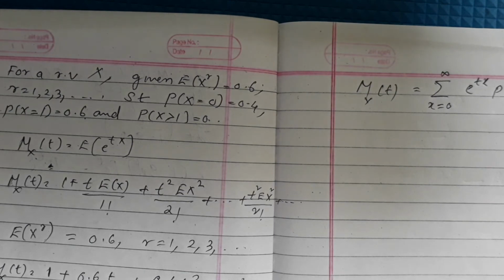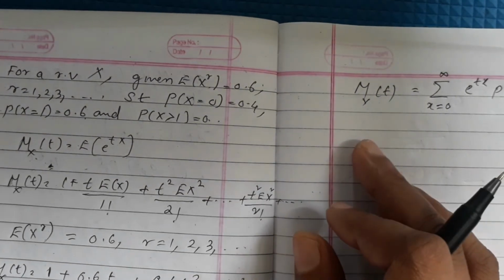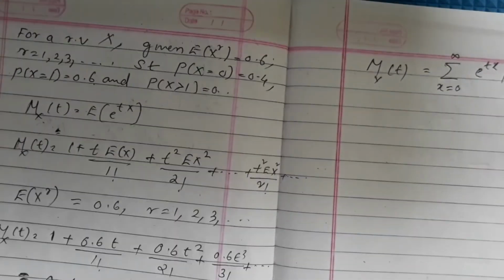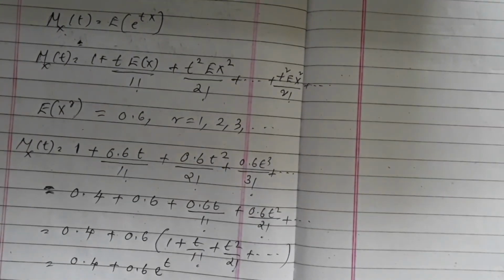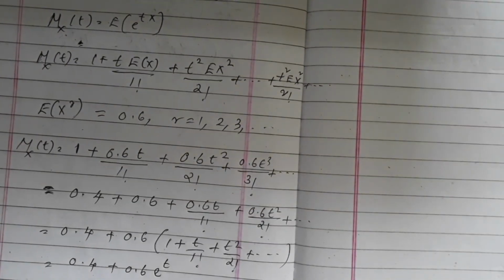Compare the corresponding terms with the M_X(t) derived. The derived is 0.4 plus 0.6 e raised to t.